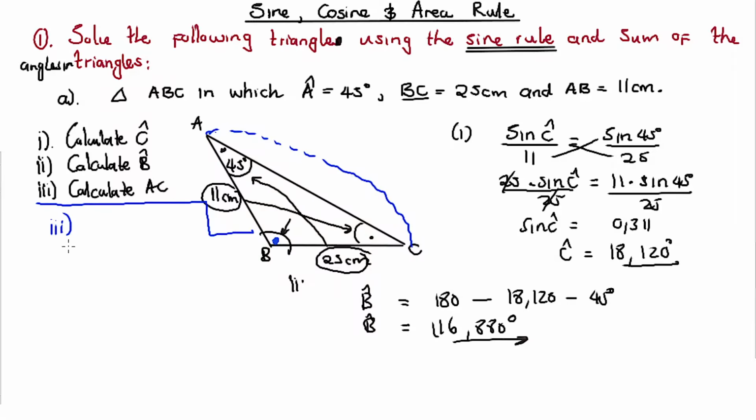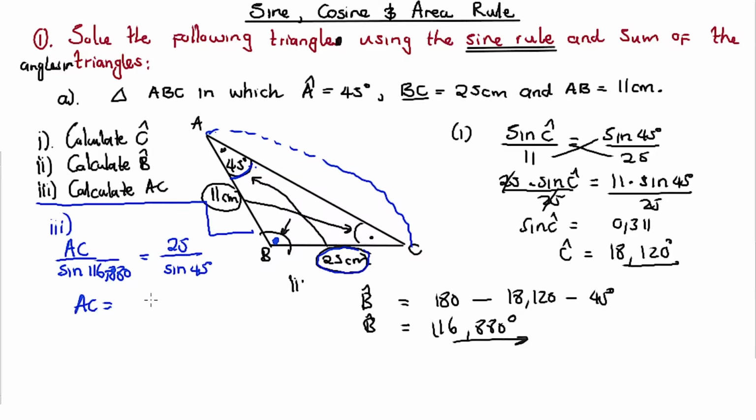So I'm going to say AC, the unknown, over the sine of the angle that is opposite the side, which is angle B, sine 116.880, equal to, I can take this and that as my given, 25 over sine of 45 degrees.